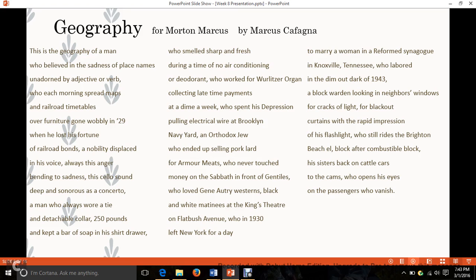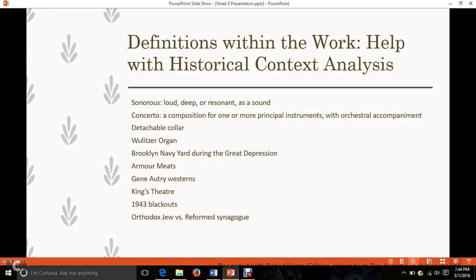We're going to assume it is Morton Marcus, because that's who it's for, but whoever the geography of a man is describing, we're looking at a time frame with a lot of details that we need to understand to have a greater understanding of the work. So I wanted to define some elements within the work to help us understand the historical context. The first thing I wanted to do is just define some vocabulary.